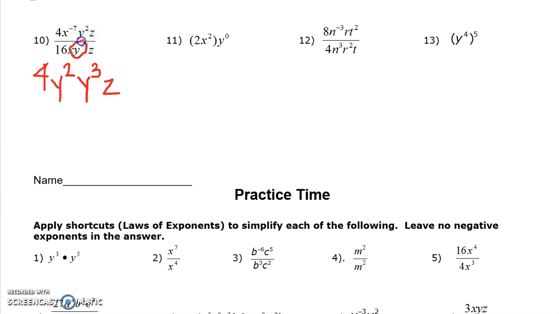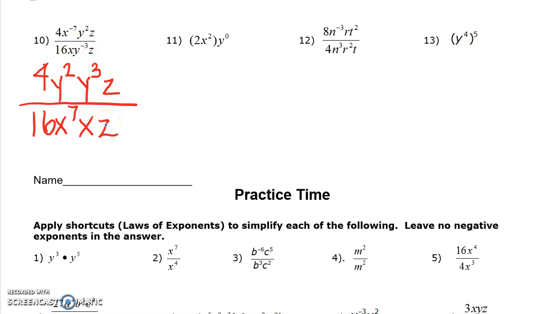So I just moved this one up. I'm going to move this one down. And then everything else stays where it's supposed to. I'm not sure if I got it all. Okay, so I moved the x to the 7th down. It's right there. Kept the y squared, kept the z. 16's at the bottom. Kept the x, moved the y cubed to the top, and kept the z.